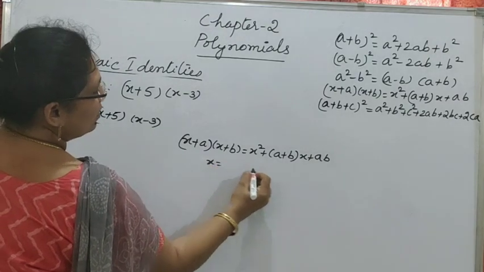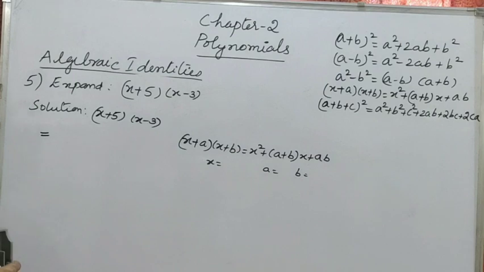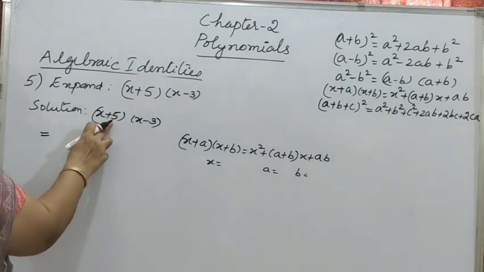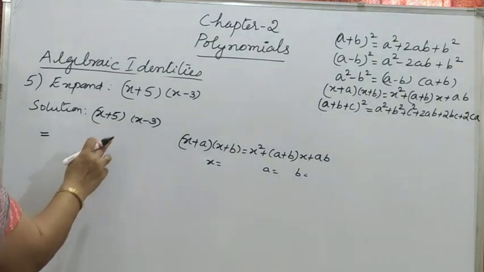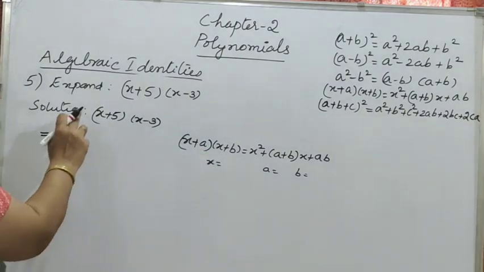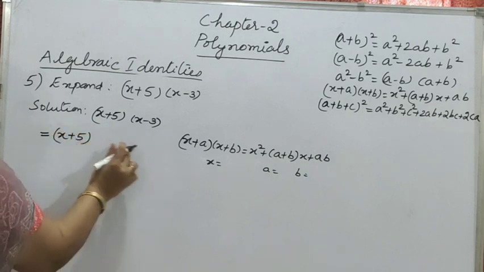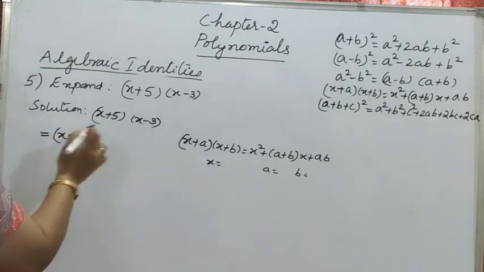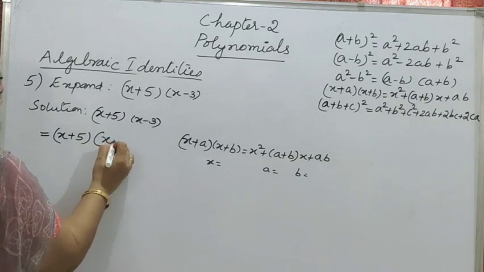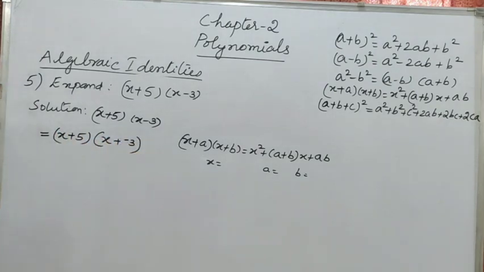Now we should identify what is x, what is a, what is b. Before that, what is the question we are having? x plus 5 and x minus 3. But what is the identity we are having? Both plus only. So what we should do here: x plus 5, there is no change because the plus sign we got here. Now minus 3 is there, that should be written like this: x plus into minus 3, that is minus 3 only.